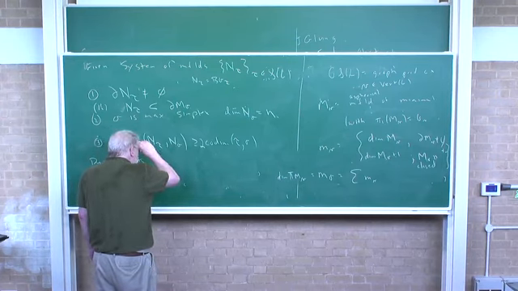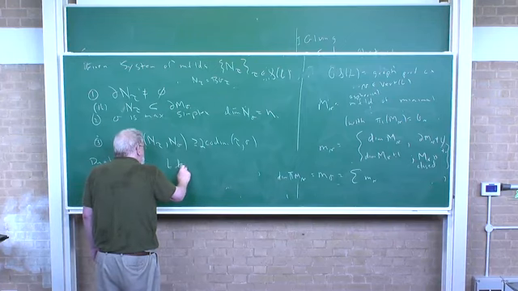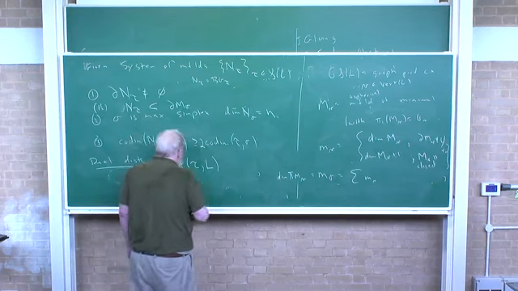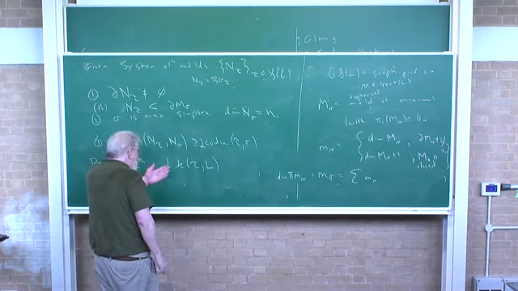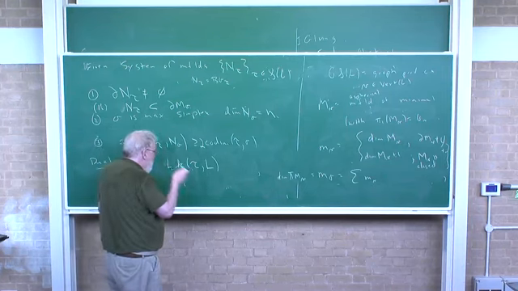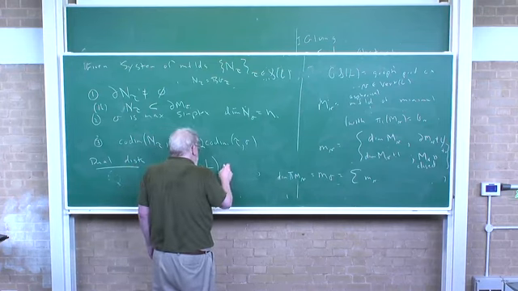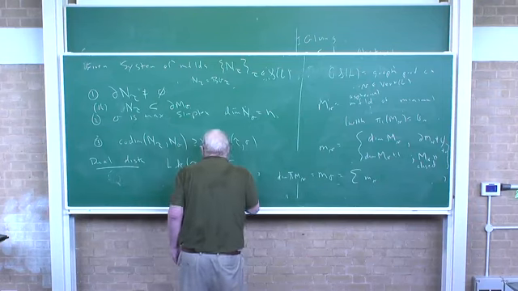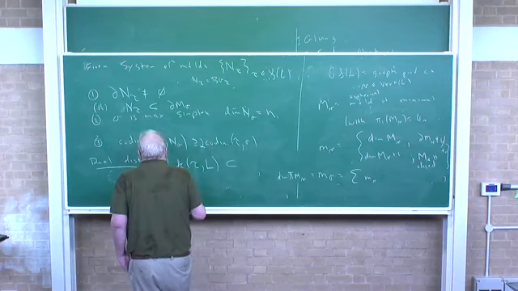So what you do is, you look at the link of your simplex tau in your complex L. This is some complex of dimension basically the codimension of tau minus 1, and you embed this in a sphere.